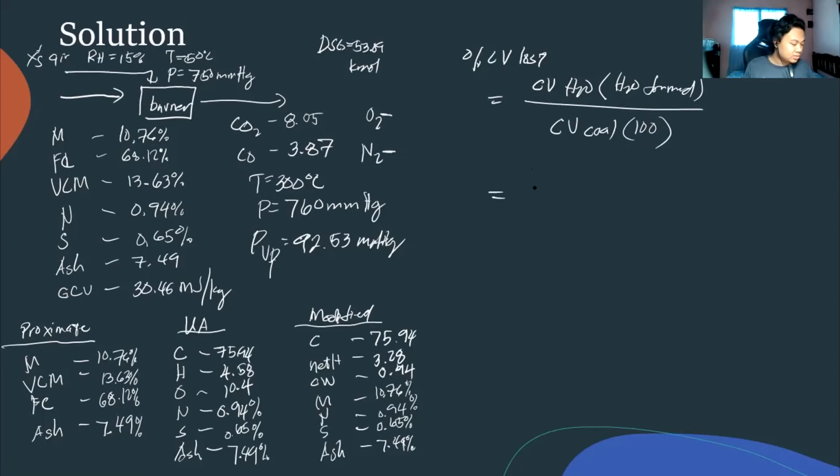So CV of H2O, now have to get the H2O formed first. That's equal to net H. Net H, 3.287. Or if you really get to, you have to get it formally.